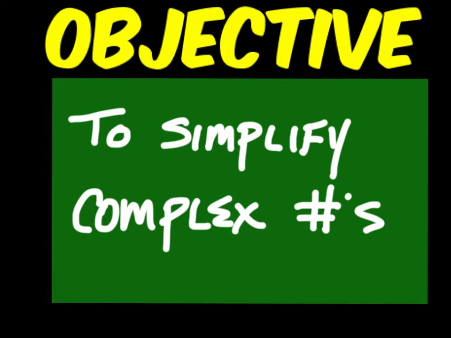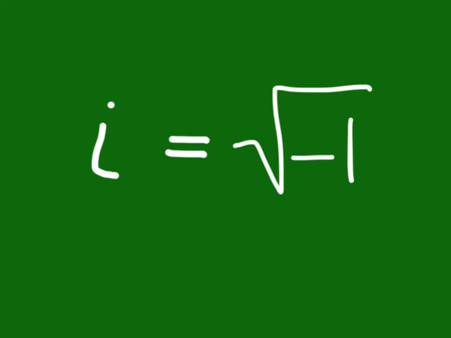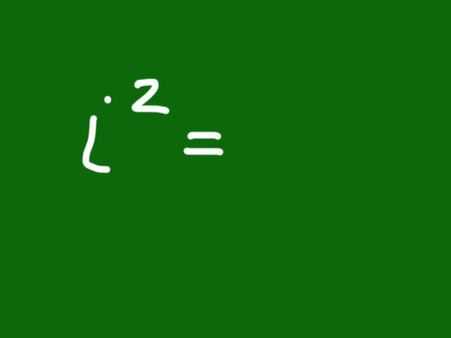To simplify complex numbers, example 1. I equals what? The square root of -1. As long as you remember that, you can work outward from there for any problem that you have. So if I have I squared, it equals what? -1.